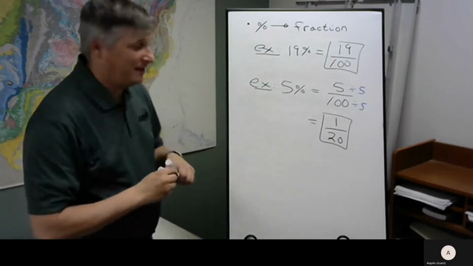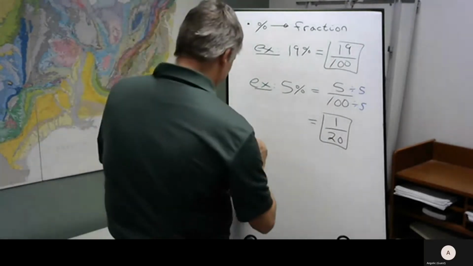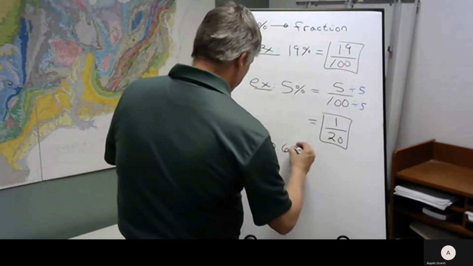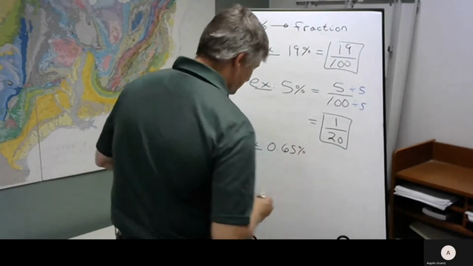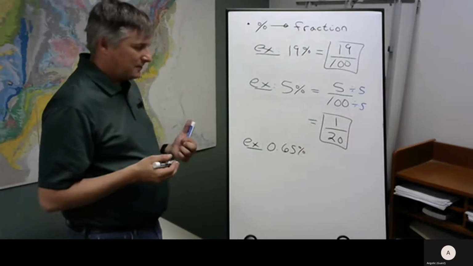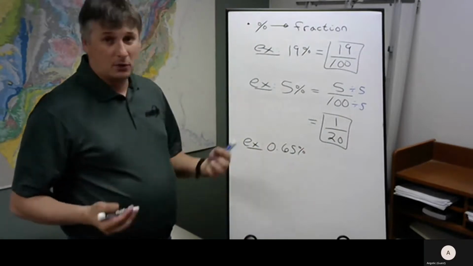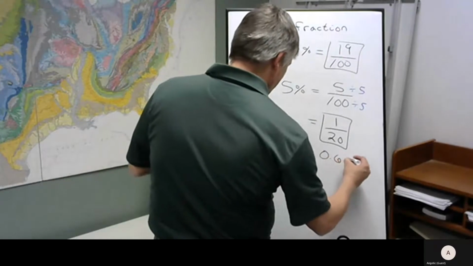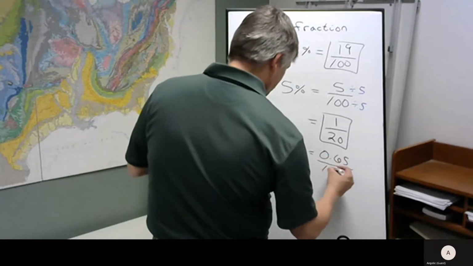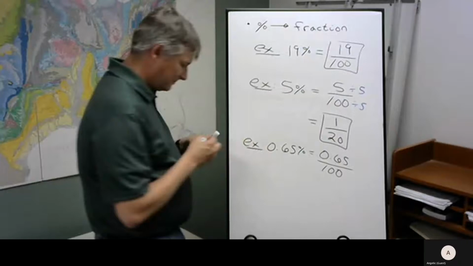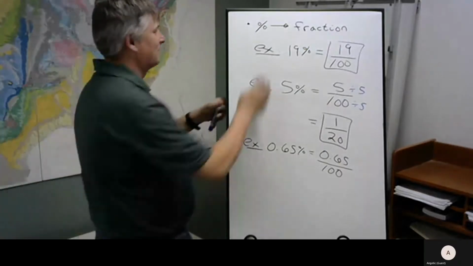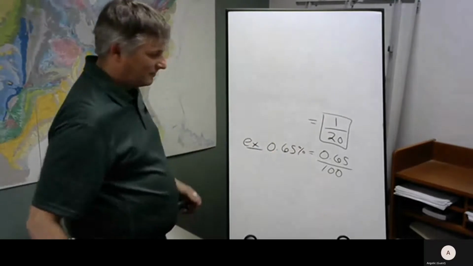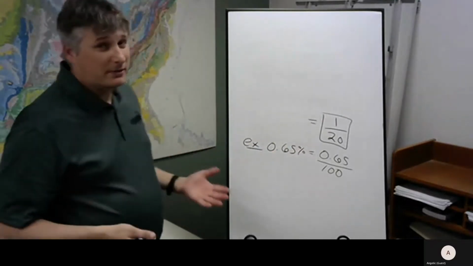So let's say we have something like this. Well, again, we're going to write this as the number we're given over 100. Now we want to get rid of this decimal.